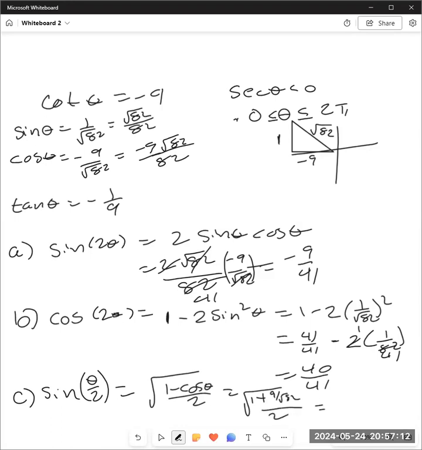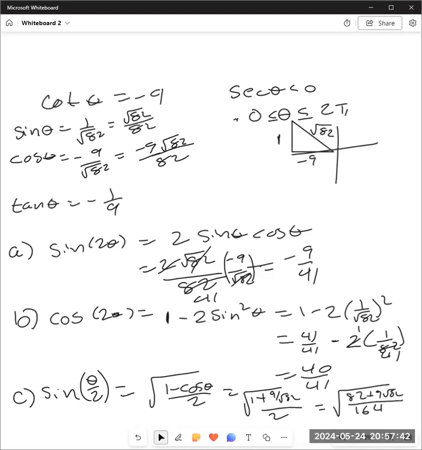So we can make that equal to root, let's multiply by 82 over 82. So that's going to be 82 plus 9 root 82 over 164.